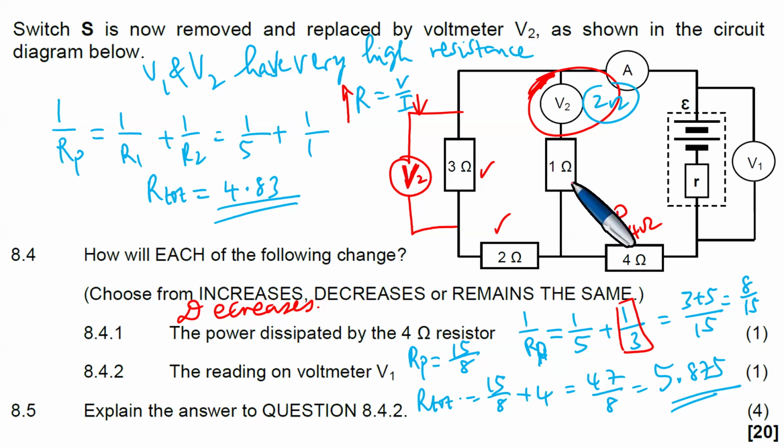But this 1 and this 1, we gave it a hypothetical value. We said 2 ohms, just to give it a value so you can understand what is going to happen to the total resistance. But even if we gave it 2 ohms, we saw that the total resistance is going to increase. And therefore, if the resistance increases, the current will decrease. A decrease in the current will favor a decrease in the power dissipated.